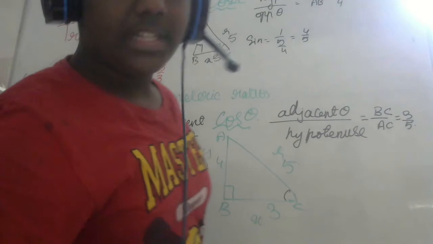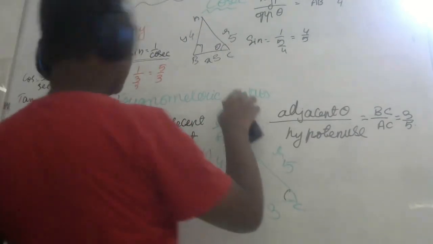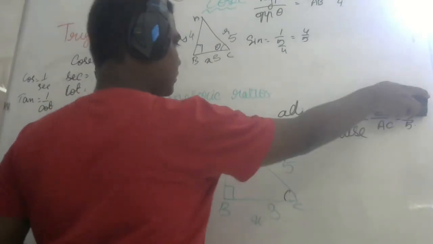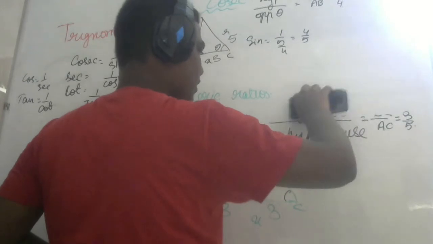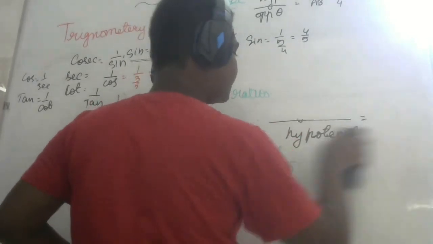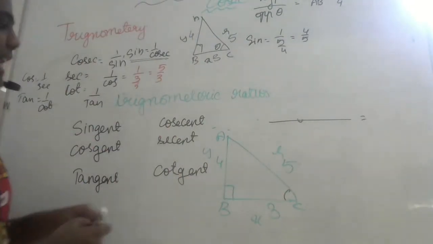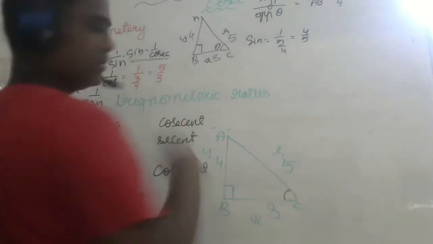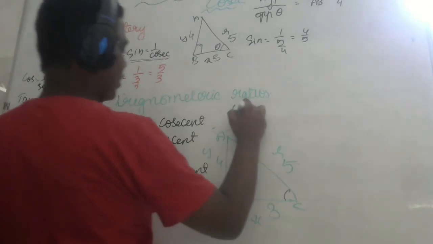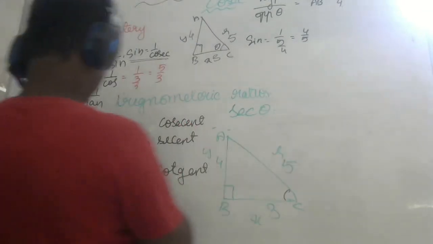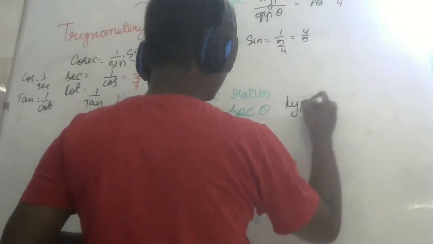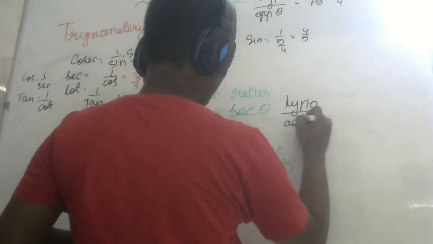Now next let us come to secant theta. Again the same diagram, I have not erased the diagram. The diagram is the same for all the trigonometric ratios. Sec theta formula is hypotenuse by adjacent side.